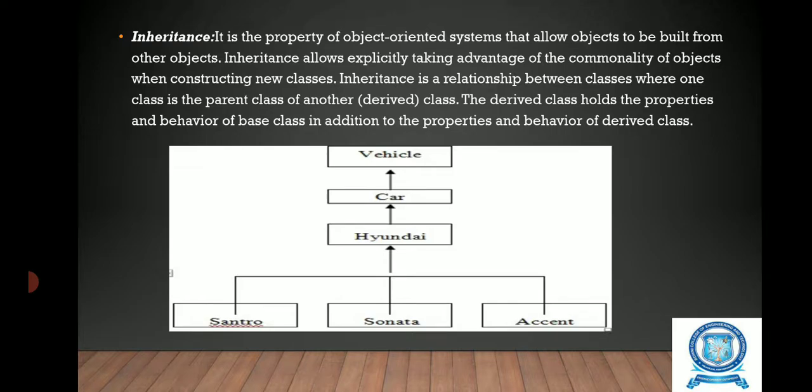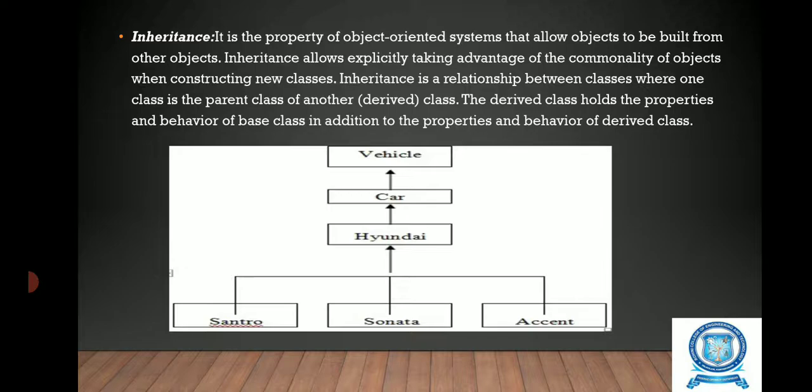Now let us see inheritance. Inheritance is a property of object oriented systems that allows objects to be built from other objects. Inheritance also allows explicitly taking advantage of the commonality of objects when constructing new classes. Inheritance is a relationship between classes where one class is the parent class of another, derived class.